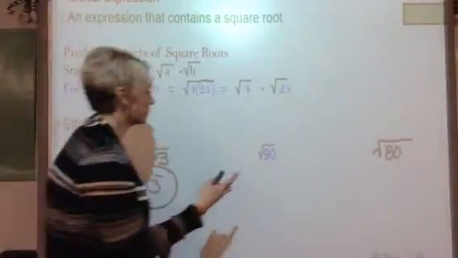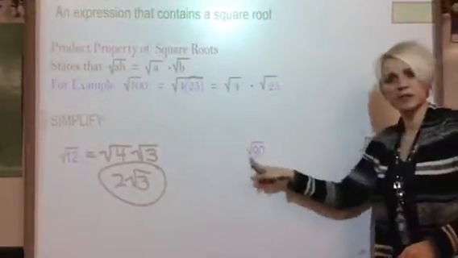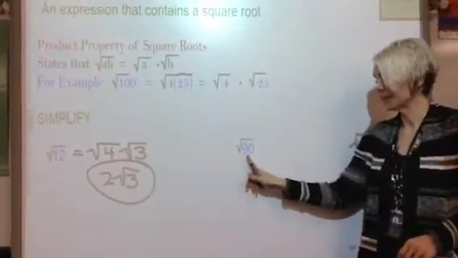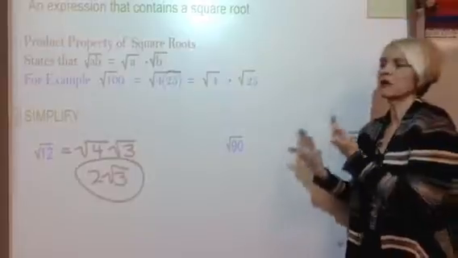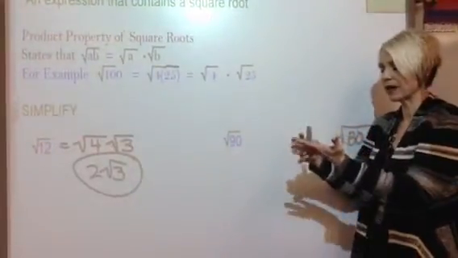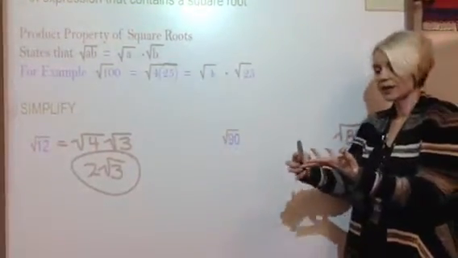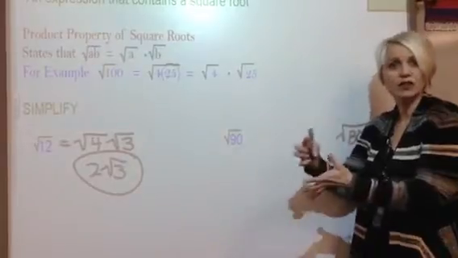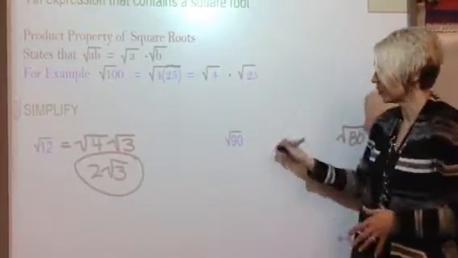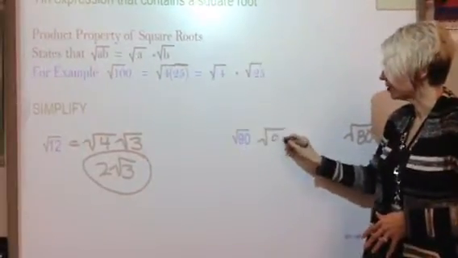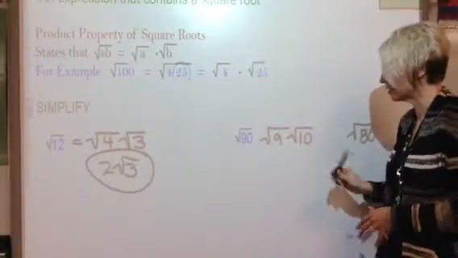Let's try another example. The greatest perfect square that we can pull out of here is 9. When you think about the perfect square factors, we have 1, 4, 9, 16, 25, and so forth. So I'm going to pull out that radical 9 and multiply by radical 10.